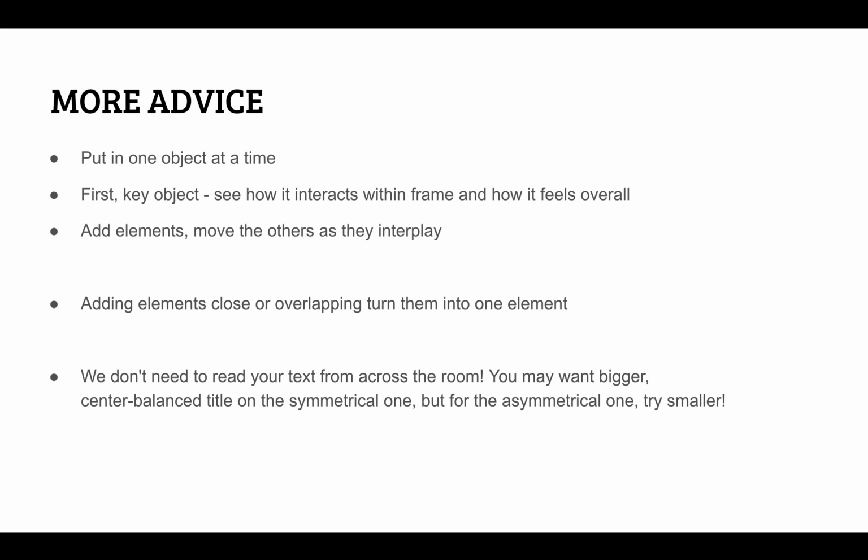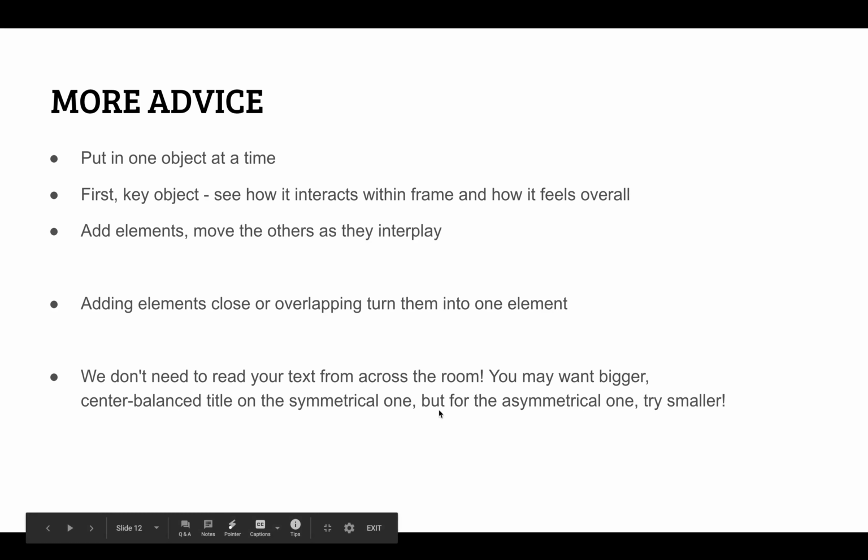So some more advice for this is that you actually on your page just slowly build it up, right? Put in one object at a time. Then as you add elements, I would just look at how they interplay with each other. Turn on and off elements just to check if they're adding or subtracting from your composition. Make sure you're looking at proximity and overlap and things to figure out values.